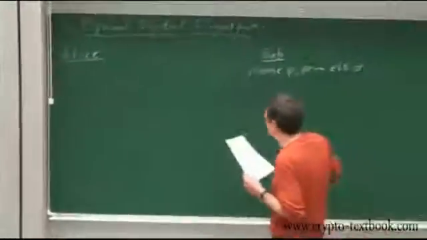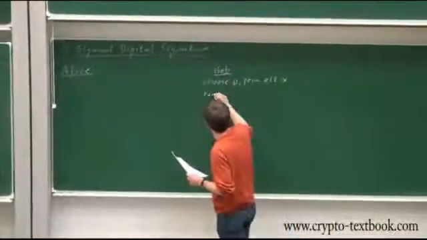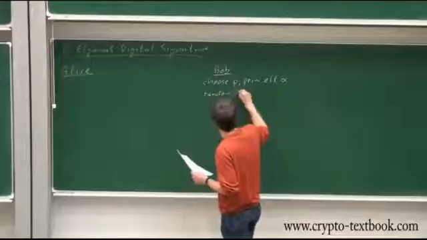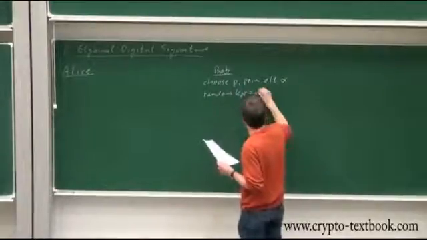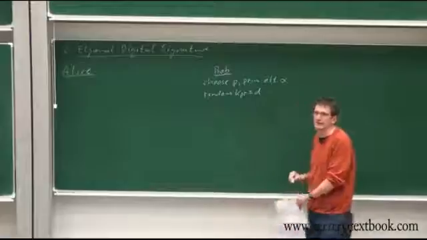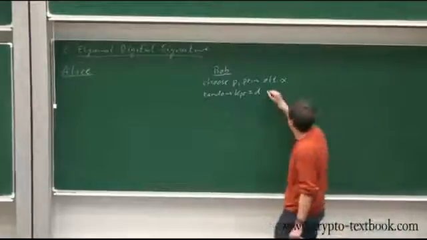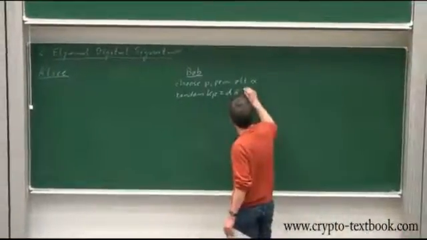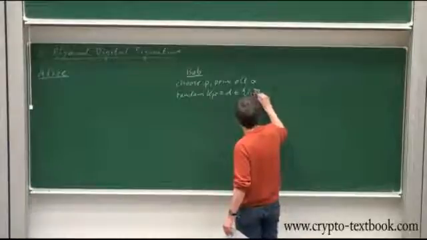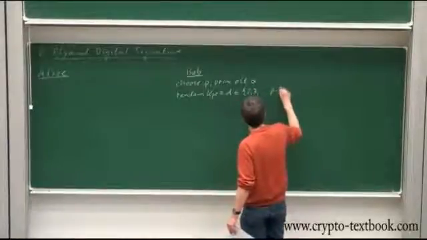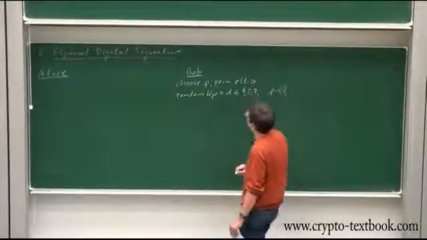Why am I saying that? If we now generate our random private key, which we call lowercase d, kleines d, as always, essentially from Z_p, but we kick the first and the last element out.